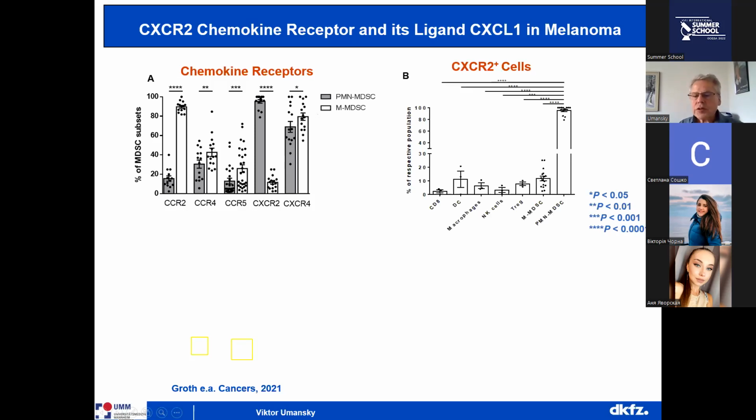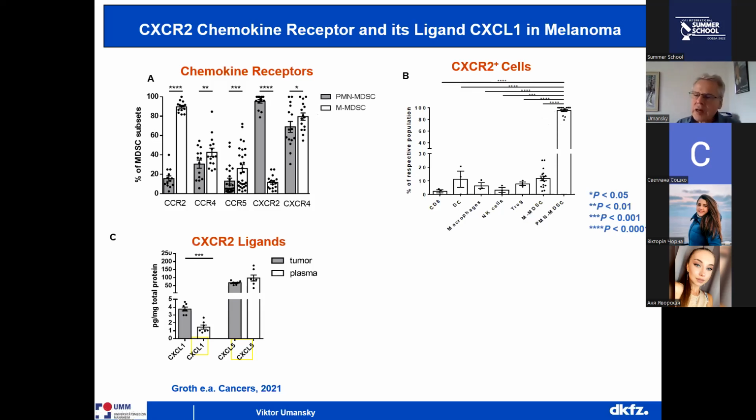What is important also is that CXCR2 is not expressed or almost not expressed in other myeloid cells and lymphoid cells, like regulatory T cells, NK cells, macrophages we tested, red cells, CD8 T cells. This is very important because one can think about specific targeting through the interaction with this receptor.